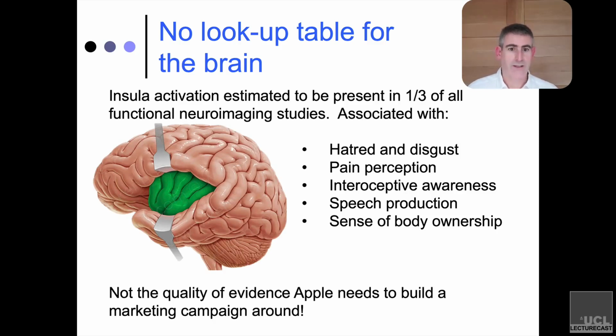So of course you're going to get bias in terms of doing this kind of informal reverse inference. But if you do start to look across some of those studies, you get things like pain, you get hatred and disgust, interoceptive awareness, that is to say sensitivity to your own internal body state, etc. So there are lots of things that are going on.